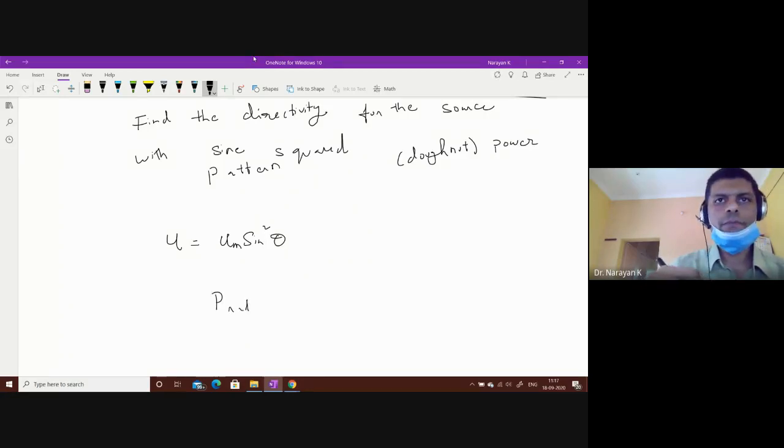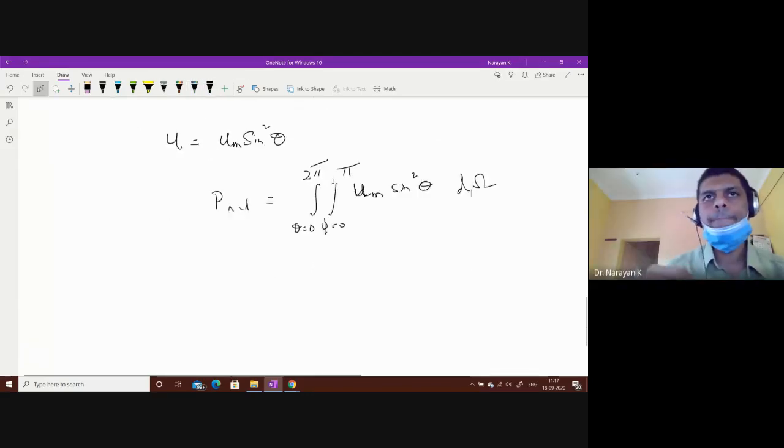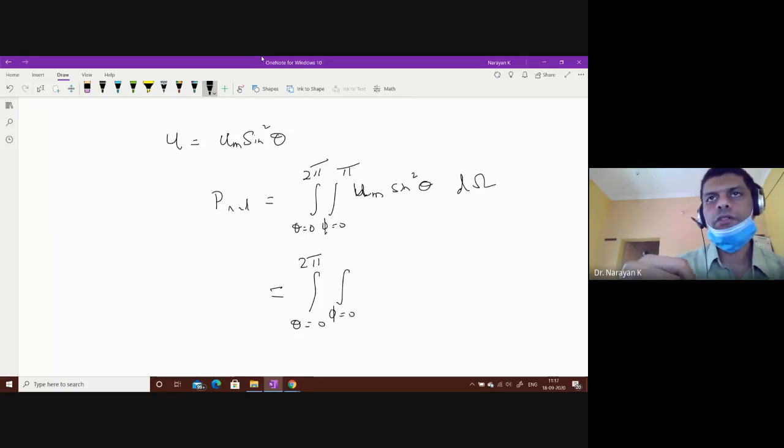So the power radiated will be the integration with phi varying from 0 to 2 pi and theta varying from 0 to pi, of sine square theta d omega. So power radiated is equal to the integral of sine square theta sine theta d theta d phi.